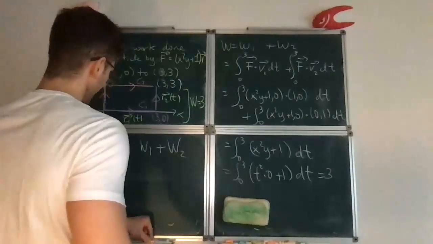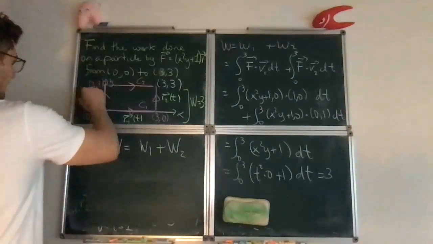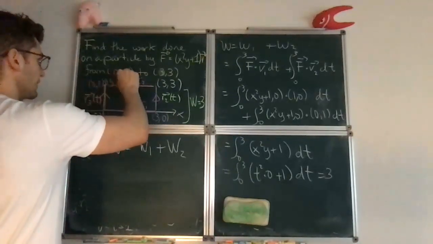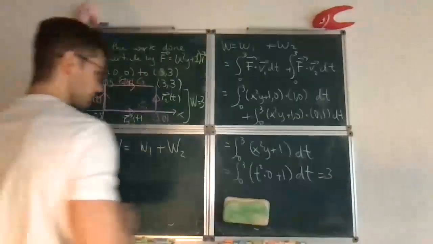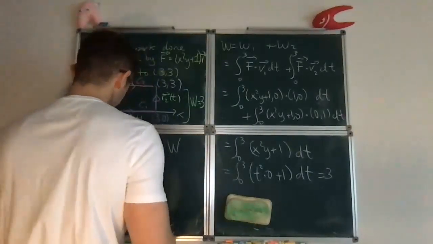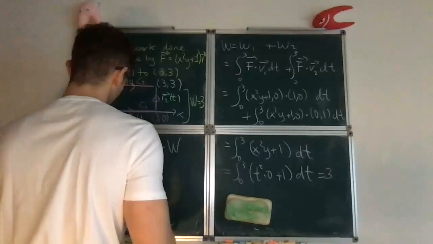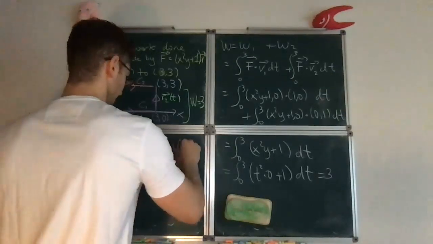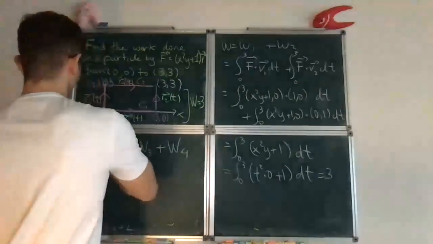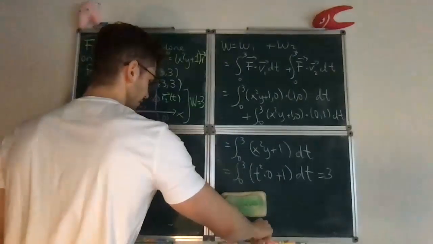So for the second curve, let me call these R3 of t and R4 of t. And this gives you W3 and W4. And now we're computing the work along the second curve, C2.